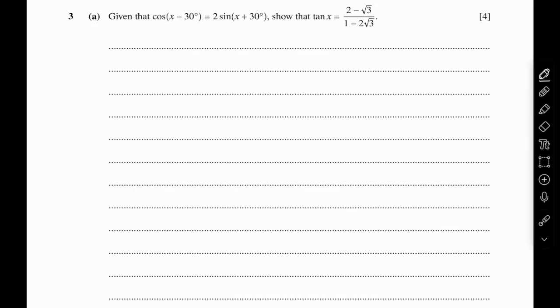Alright guys, so now we've got the following question. It says, given that cos(x - 30°) = 2 sin(x + 30°), it wants us to show that tan x equals the following. So this is a classic, just expand it, right?